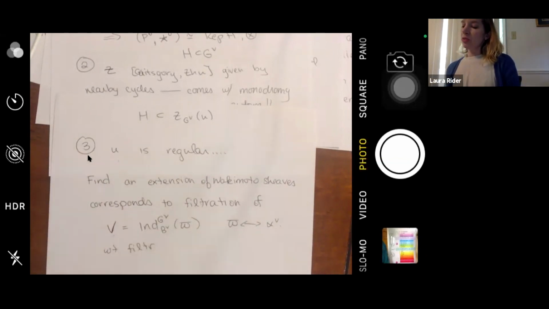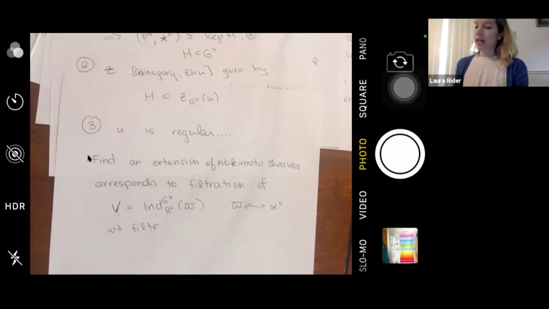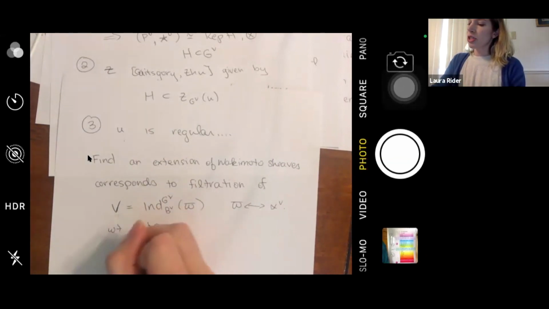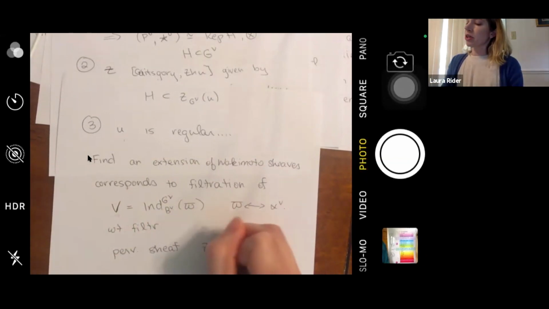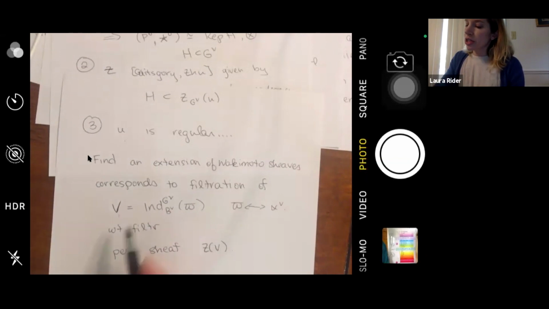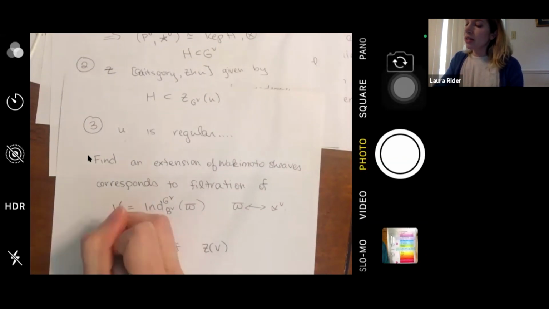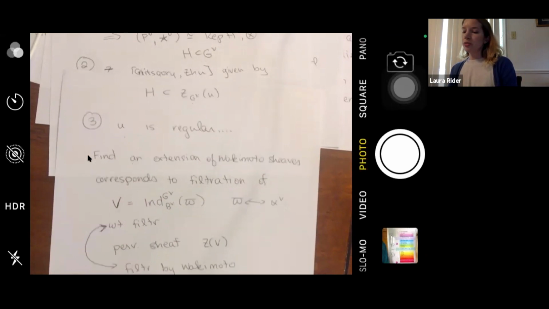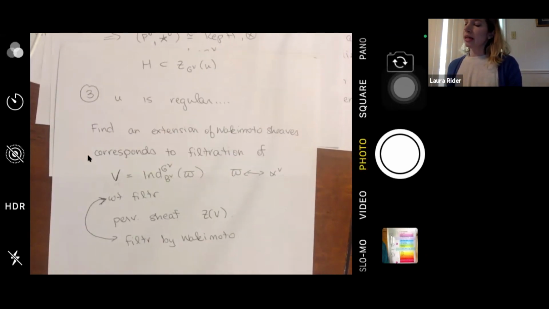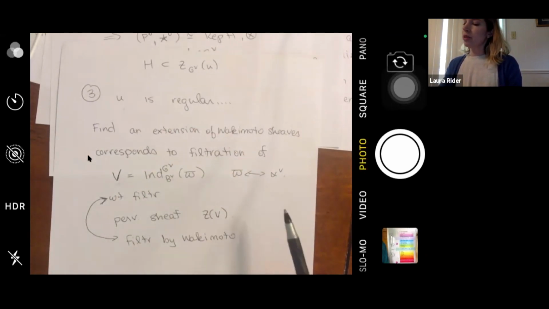And when I'm looking at the sheaves on the affine flag variety, this corresponds to a perverse sheaf, which is the image of this under Gaitsgory's functor. The weight filtration here corresponds to a filtration by Wakimoto sheaves. So essentially you can say that this action has to correspond to an endomorphism.